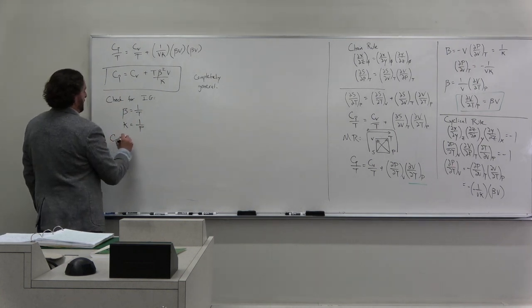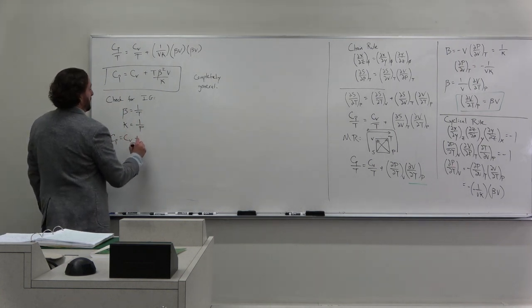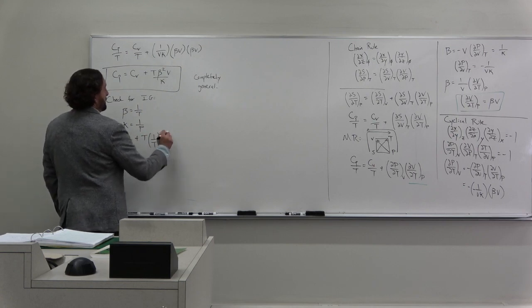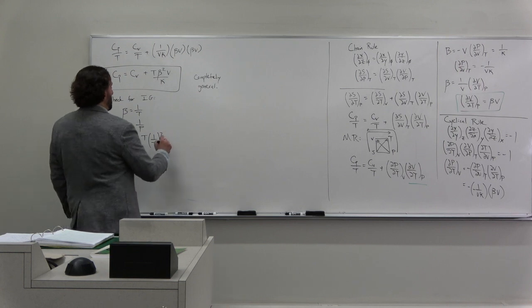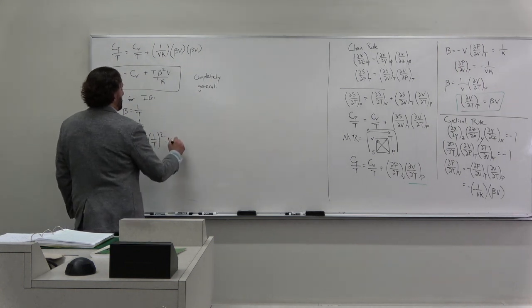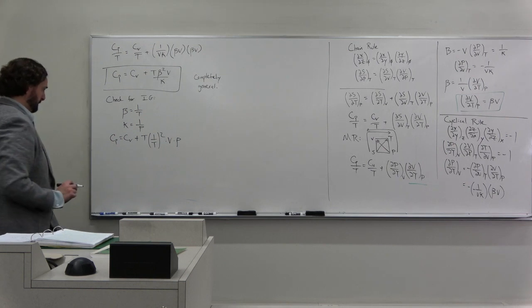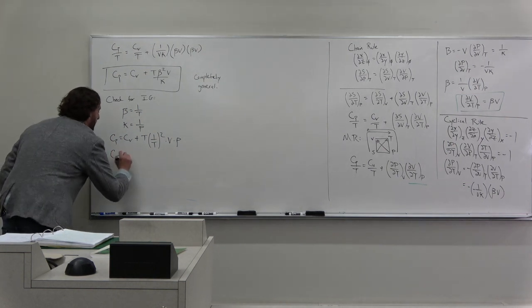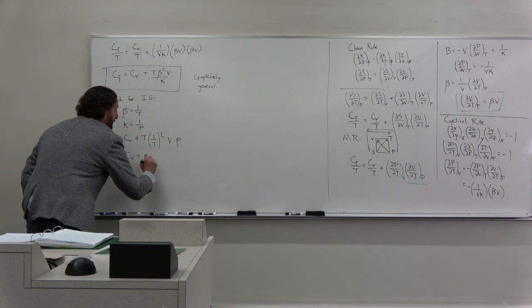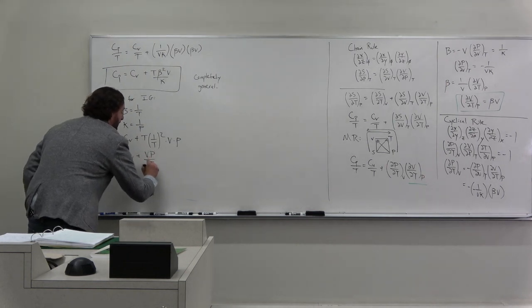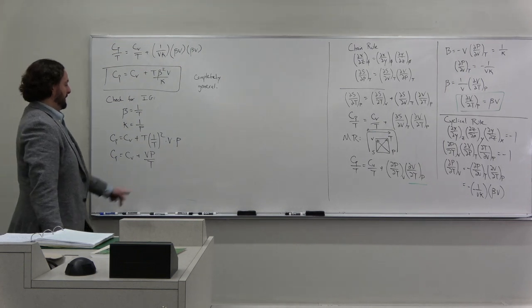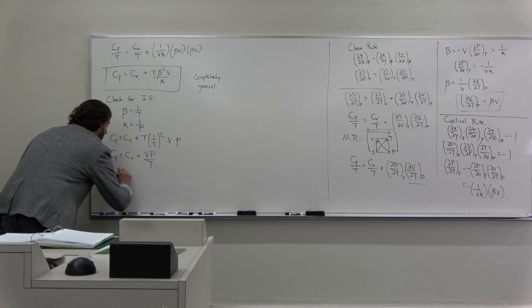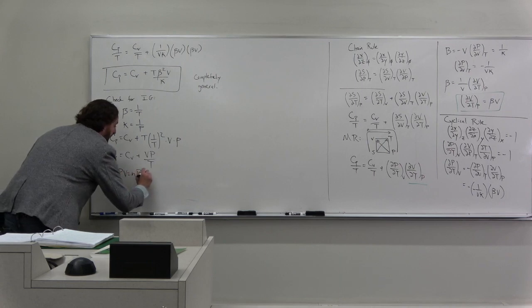Cp equals Cv plus T times 1 over T squared times V times P, which is Cp is Cv plus VP over T. But VP over T is, remember, PV equals nRT.